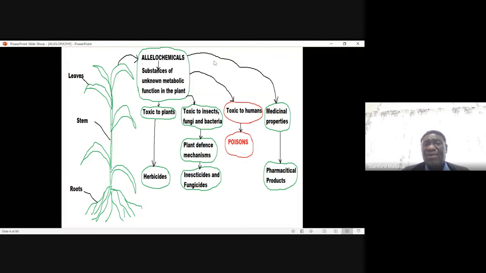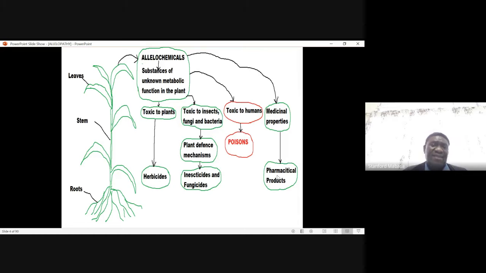But at the same time, there are also plants with medicinal properties. You could have people now using zumbani. It's a plant with some medicinal properties. And some of these allelochemicals could be exploited to produce pharmaceutical products.